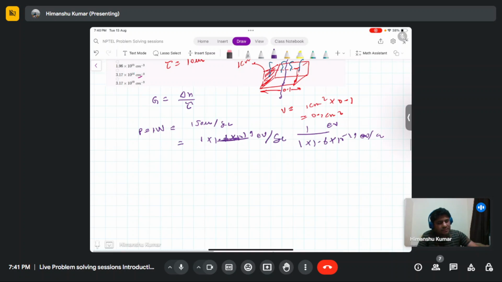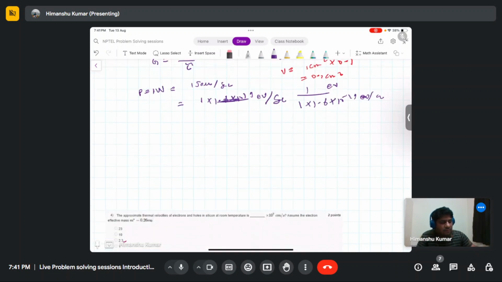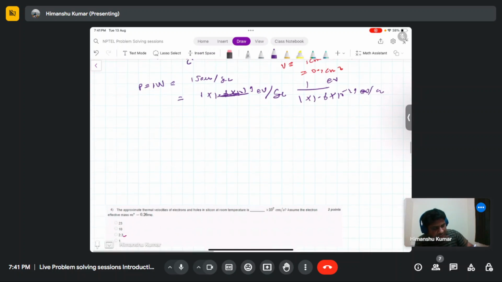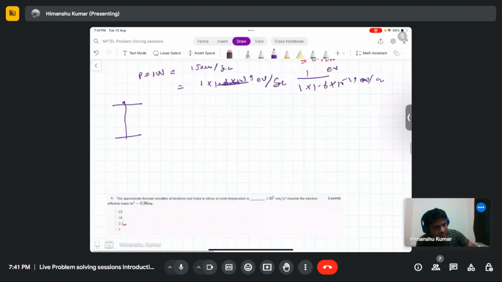And then we need to calculate how much one photon's energy is. We can calculate that from the wavelength. So E is basically 1.24 divided by lambda in micrometers.